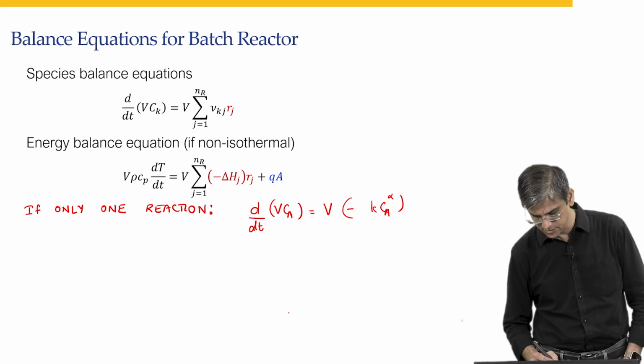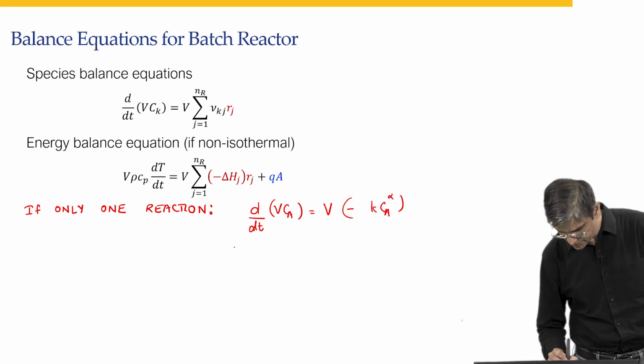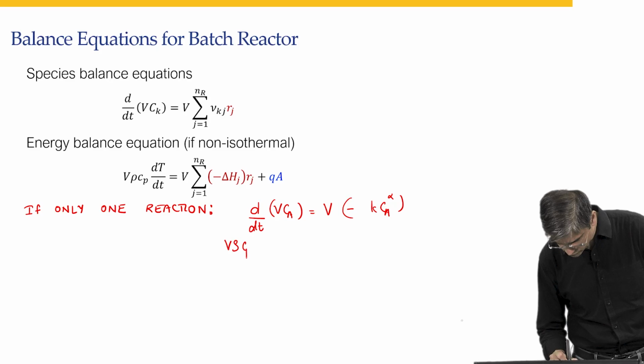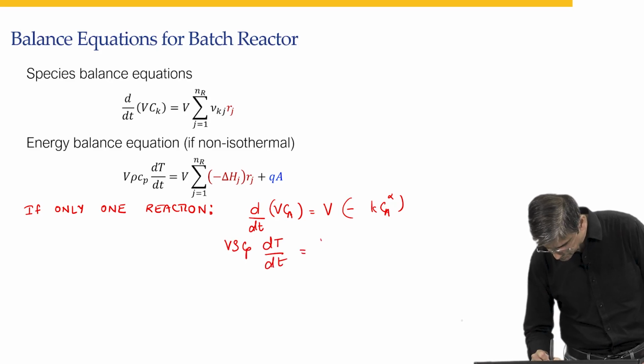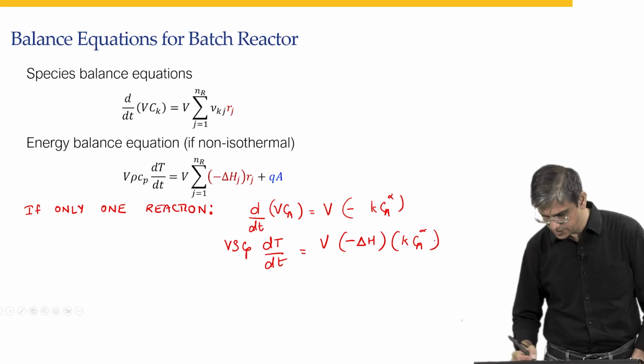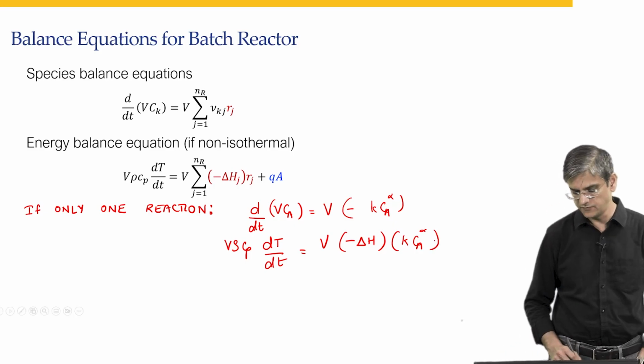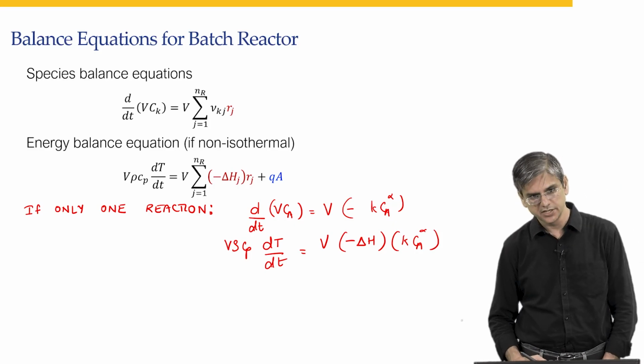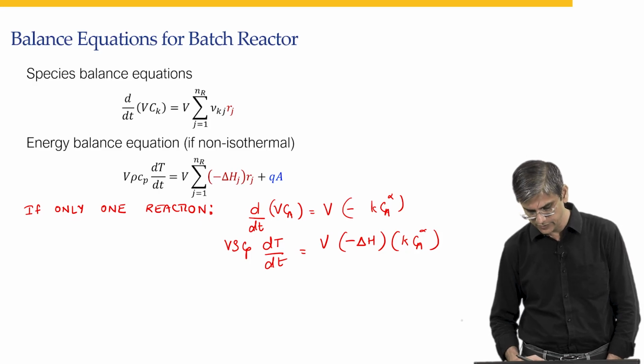Let us just write it in this particular form. Okay. And you will have V rho Cp dT by dt equal to V multiplied by minus delta H k C_A to the power alpha. This is essentially what you are going to have over here.